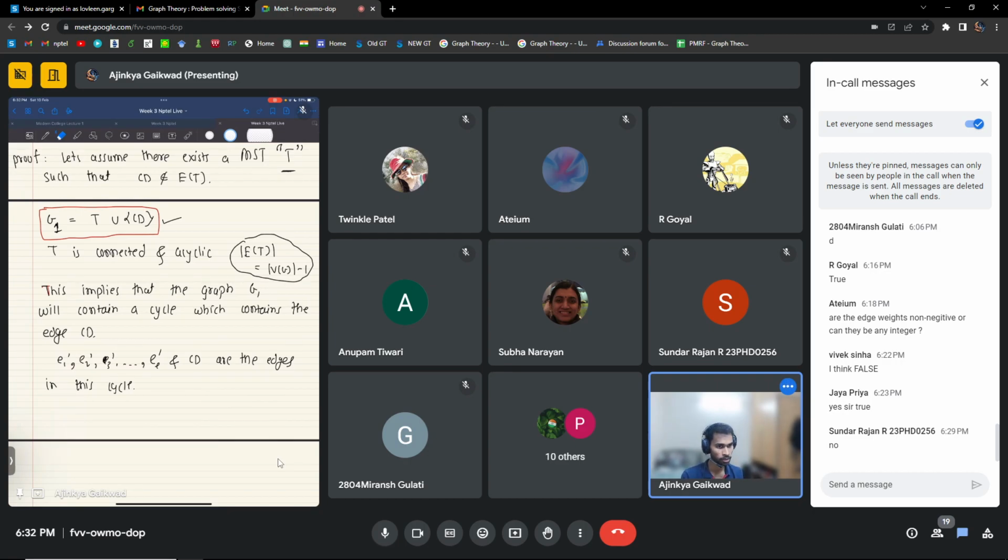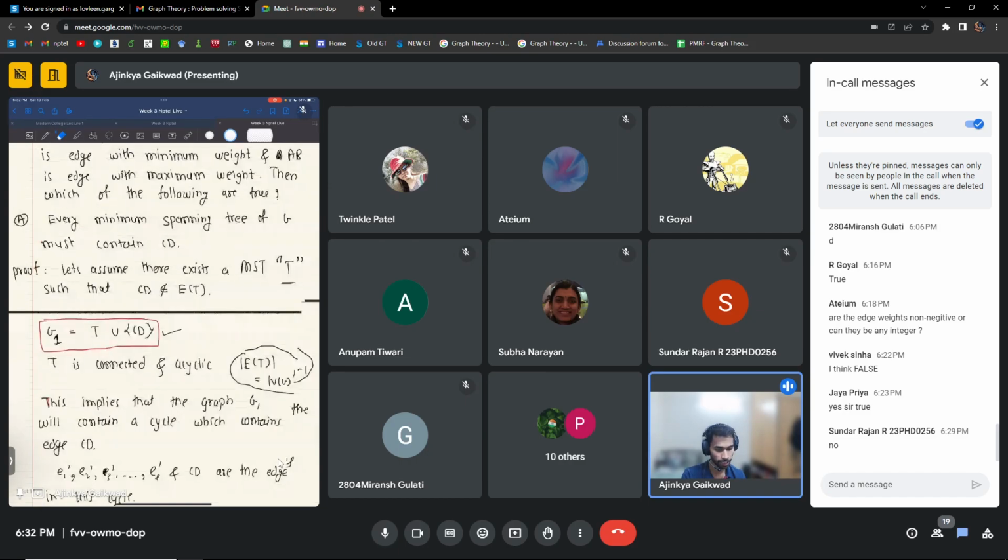What are the edges in it? Let's denote the edges in that cycle by E1 prime, E2 prime, E3 prime, EL prime, and the edge CD is also there. Now, what I know is that all the edges in this cycle have distinct weights.